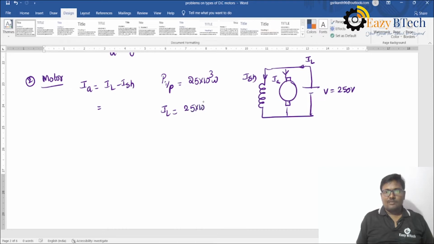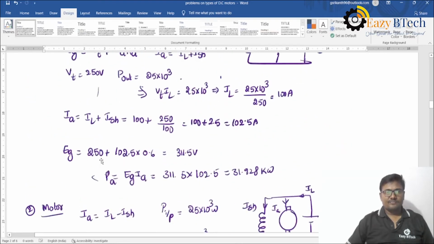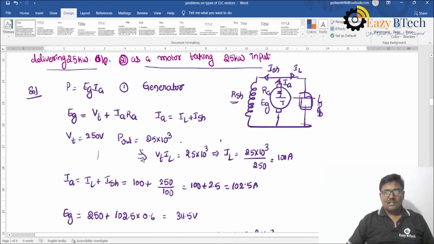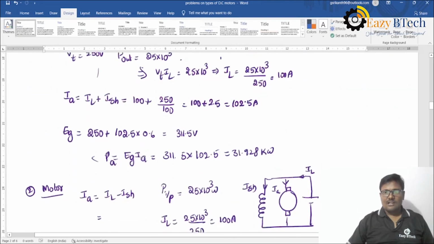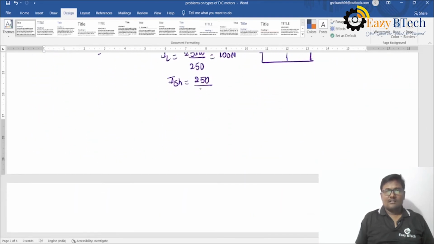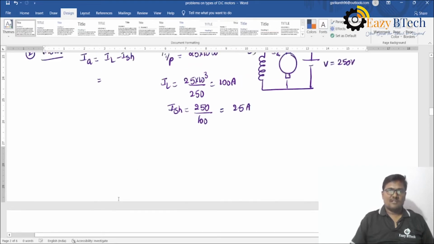The line current is 25 into 10 to the power of 3 divided by 250, which is equal to 100 amperes. The shunt current is 250 divided by RSH. The RSH value is 100, so this is 2.5 amperes.